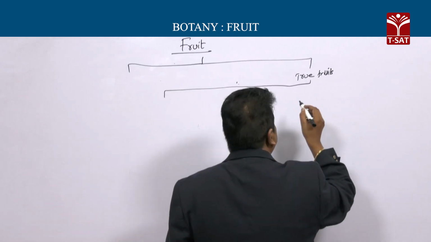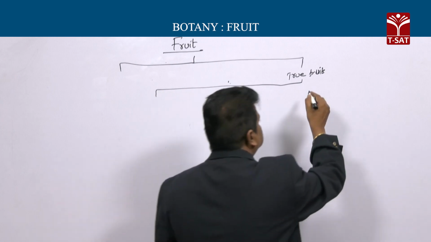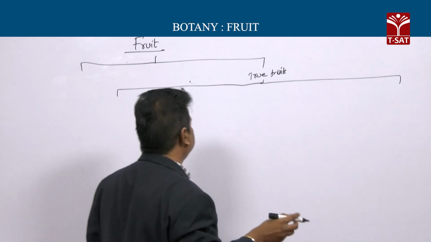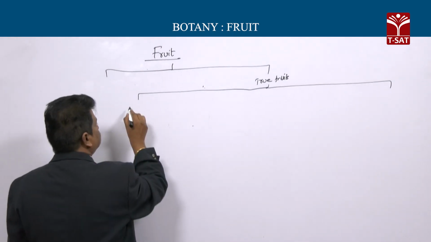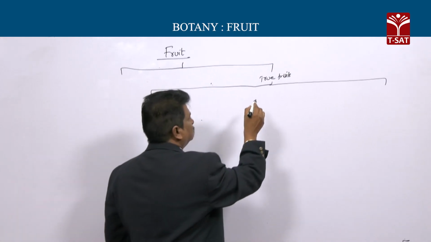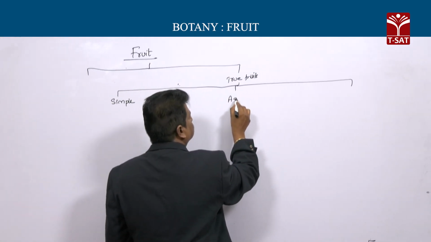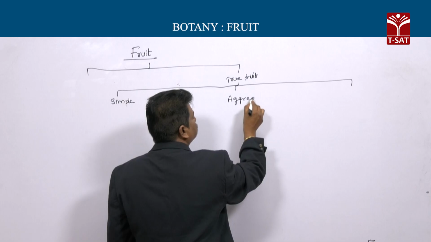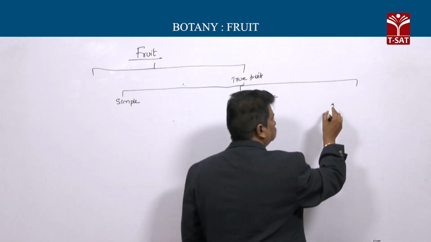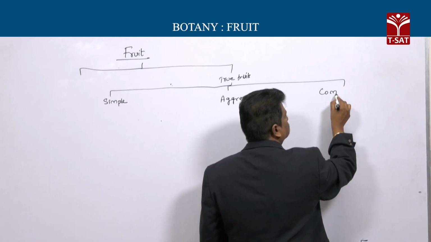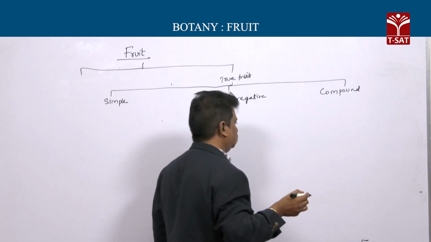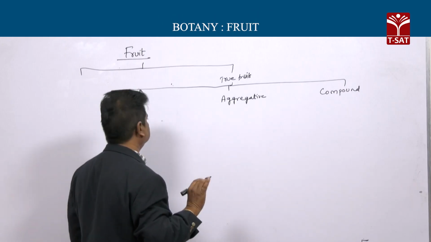Generally, true fruits are of three types: simple fruits, then the second one aggregate fruits, and the third one multiple or compound or composite fruits.